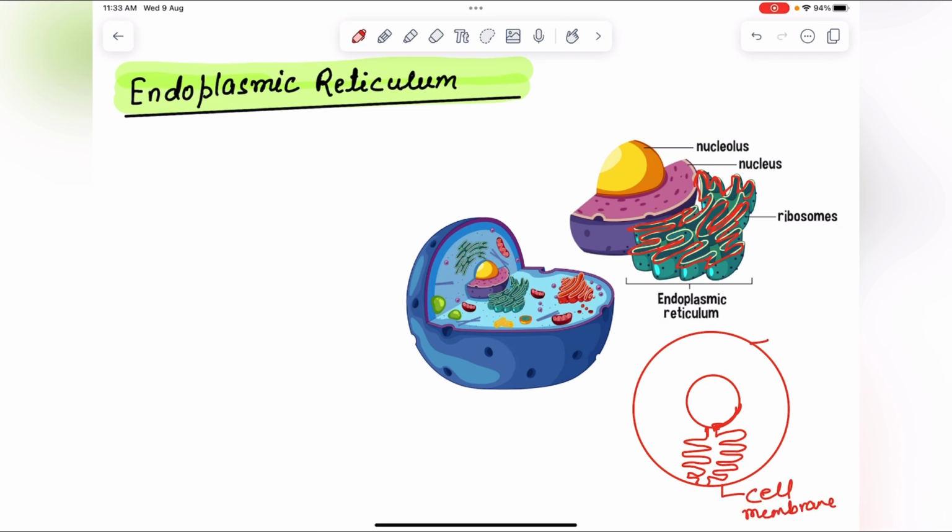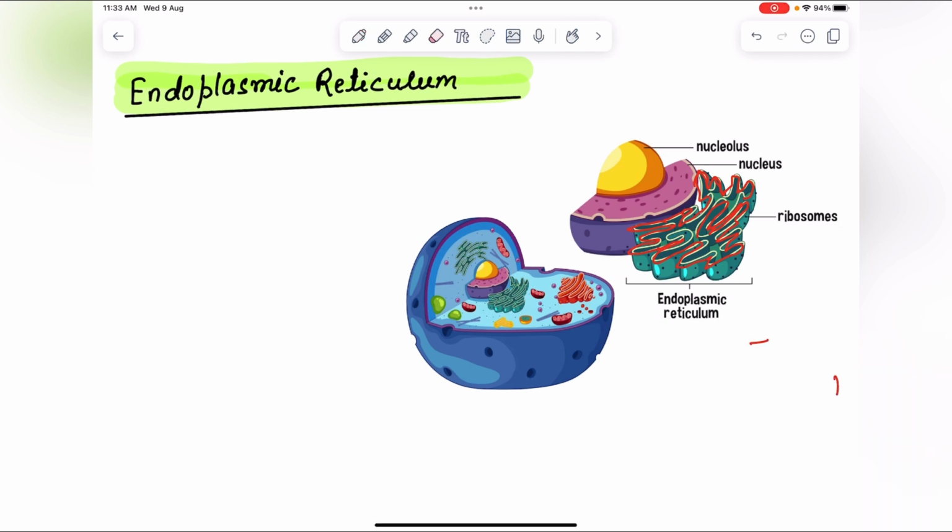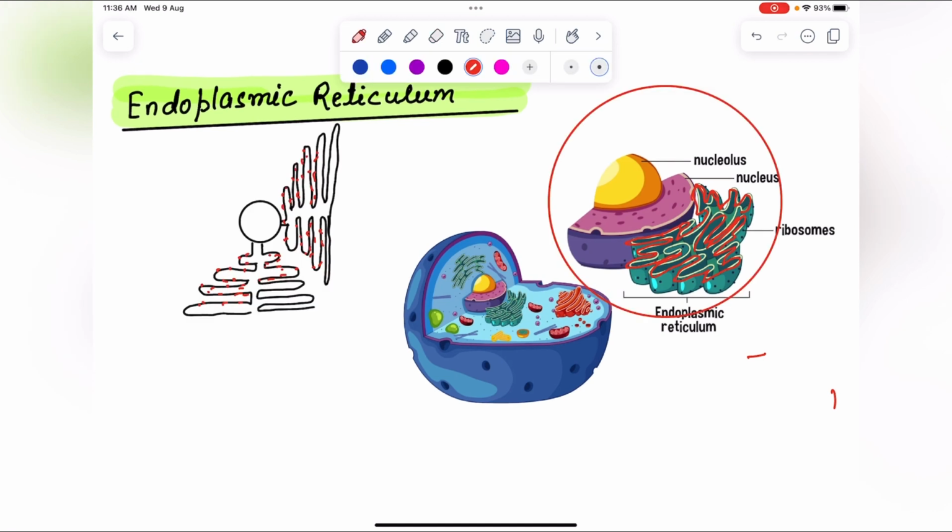This is the nuclear membrane. This is a nucleus, it is attached with it. The endoplasmic reticulum appears rough when small granules called ribosomes are attached to it. It appears smooth when it is without the ribosomes.